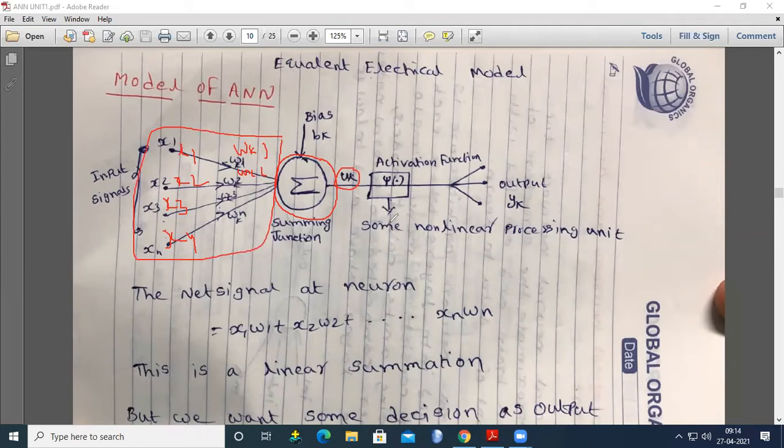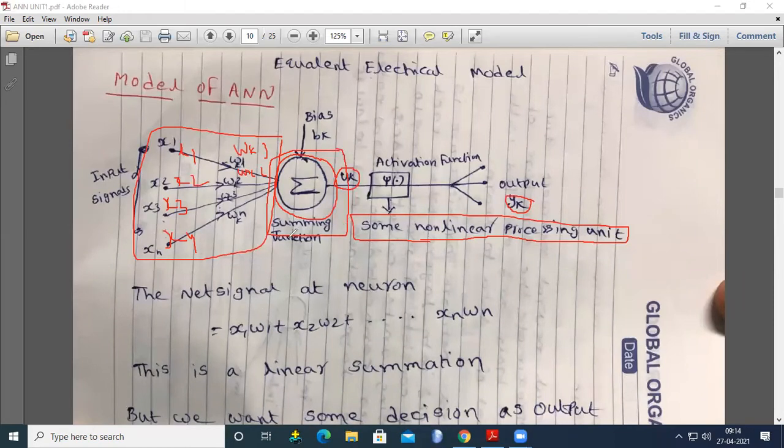Because we want some non-linear answer, here we are going to use some activation function that results in a non-linear output. And this is the output Yk. Now the net signal at the neuron: this node is called a neuron.